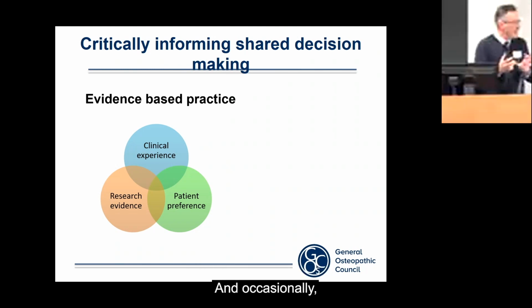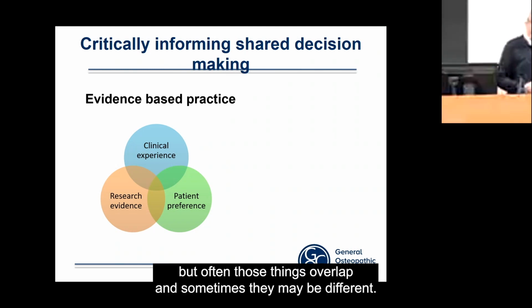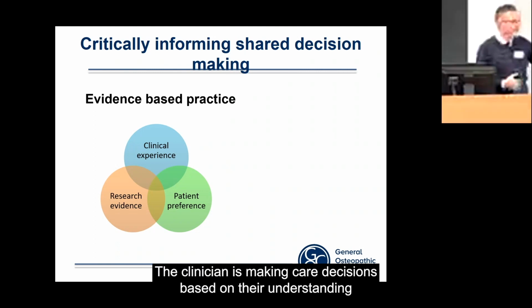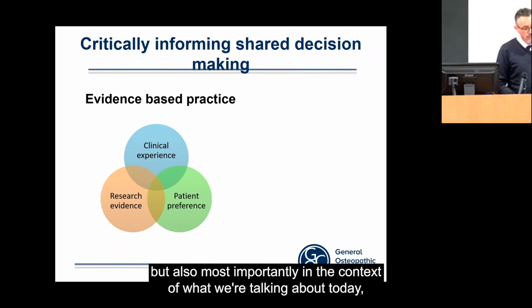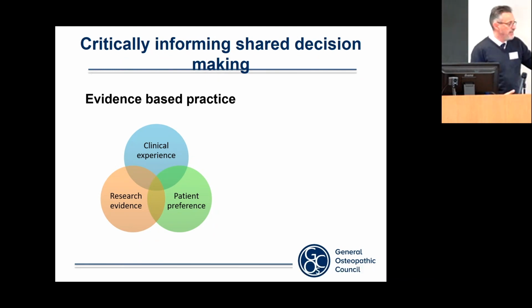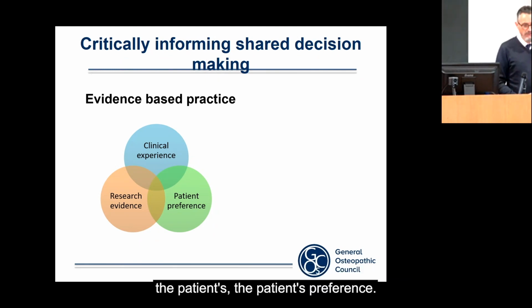And occasionally, quite often those things overlap, and sometimes they may be different. The clinician is making care decisions based on their understanding of good evidence, where evidence is lacking, clinical experience, but also, and most importantly in the context of what we're talking about today, the patient's preference.